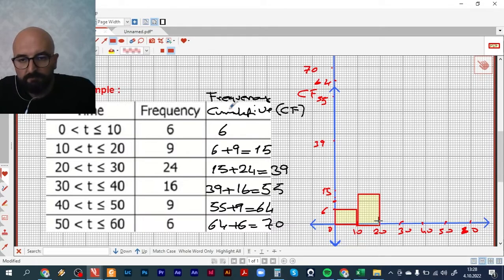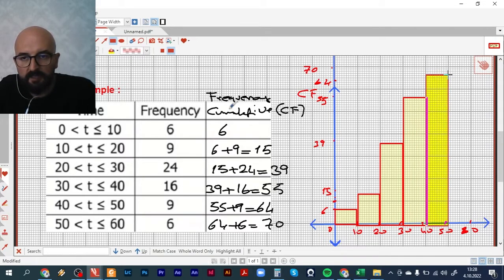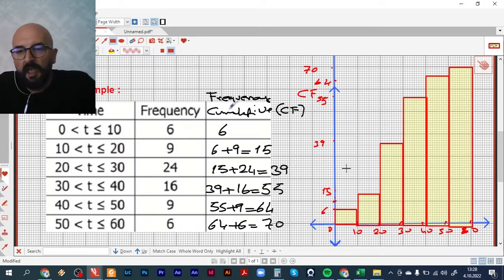The third column 39. The other column 55, and the other column is 64, and the last column is 70.